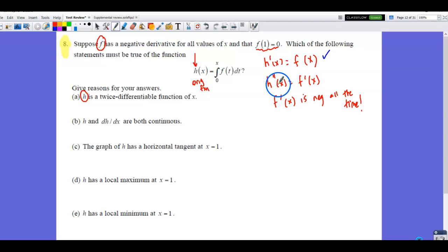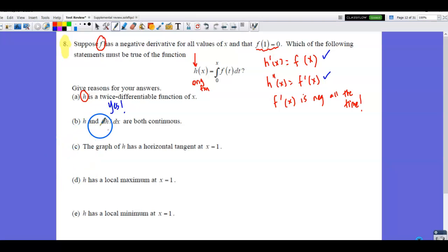And the second derivative of h is the first derivative of f. And the problem says f is negative all the time, meaning that there is always a y value. So I have to use this whole connection between h and f to figure out these questions about h. So yes, h is twice differentiable.